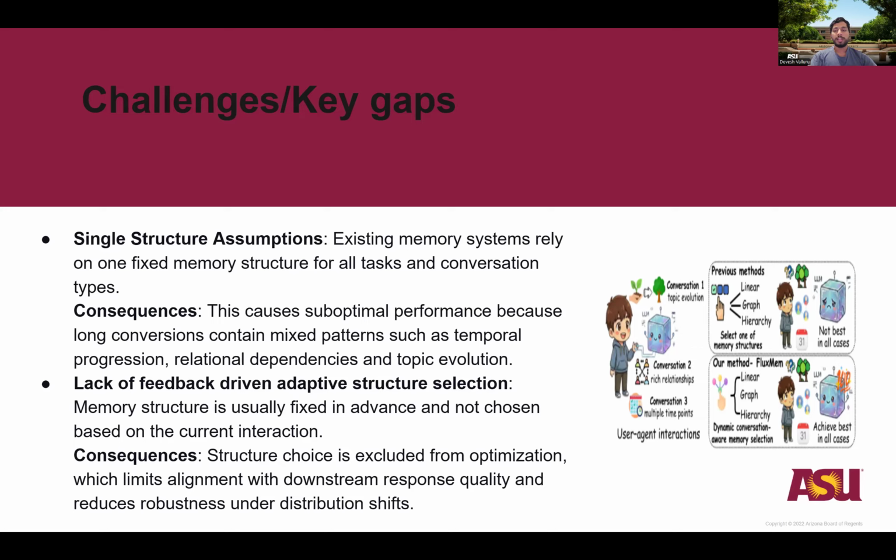But in FluxMem, we don't have to pre-select one of these memory structures. Based on the query, the agent selects the memory structure and then answers the query. Also, structure choice is excluded from optimization, which limits alignment with downstream task quality, response quality, and this also reduces robustness under distribution shift.